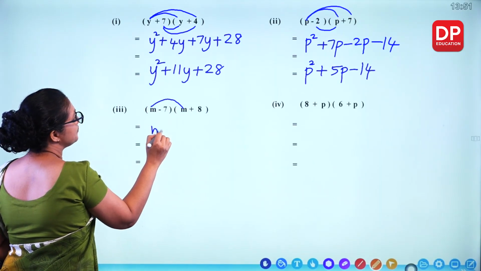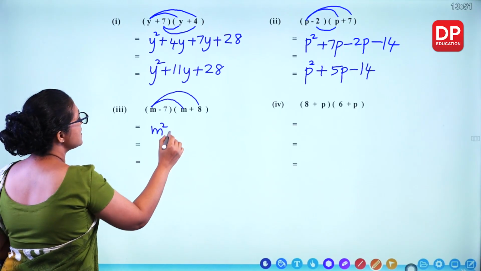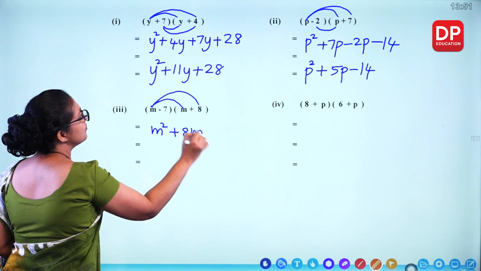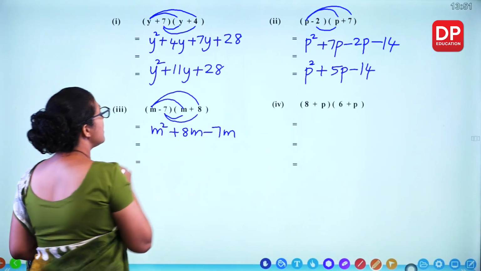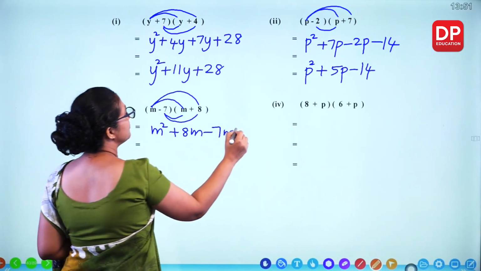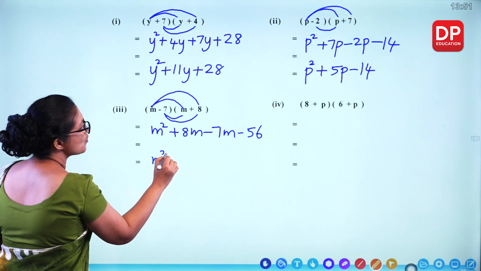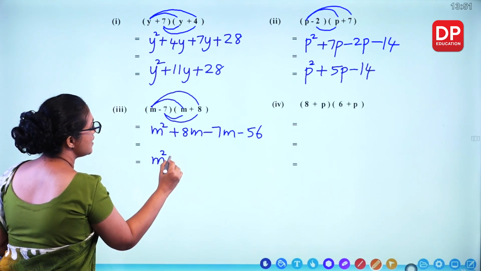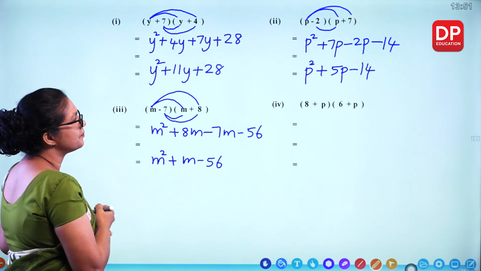First with first. Then outside numbers. Inside numbers. And then last two values. Simplify, you get m squared, 8 minus 7, plus m, minus 56.